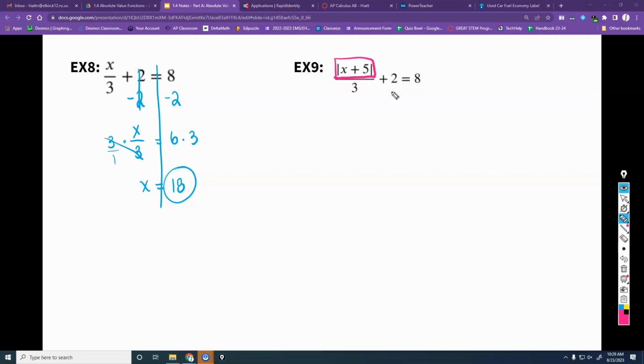So it's similar to this last problem. What I would have to do first is subtract 2, just like we just did. And then that would give me absolute value of x plus 5 divided by 3 equals 6.